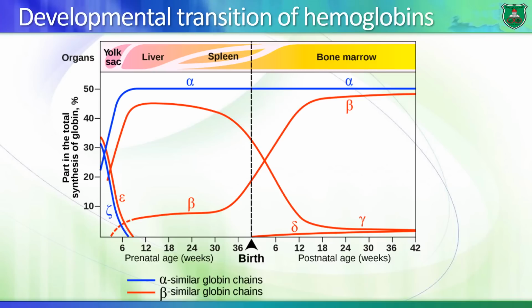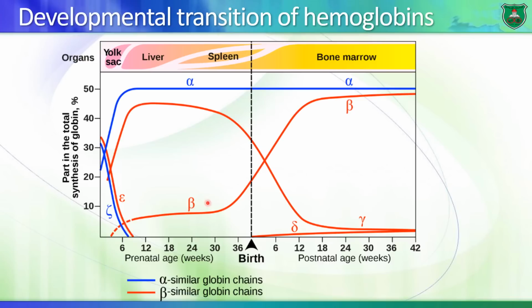But during development, the hemoglobin molecules change polypeptides. In the embryonic stage, we have hemoglobin made of two different polypeptides compared to the adult stage or even the fetal stage. In the fetal stage, we have more hemoglobin made of two alpha chains and another chain known as a gamma chain.